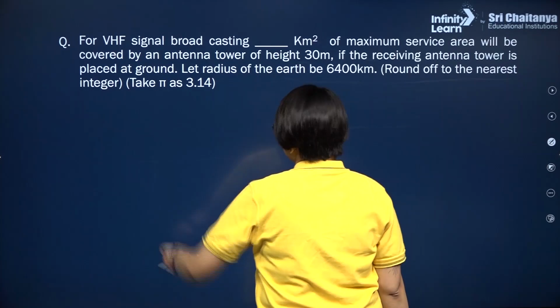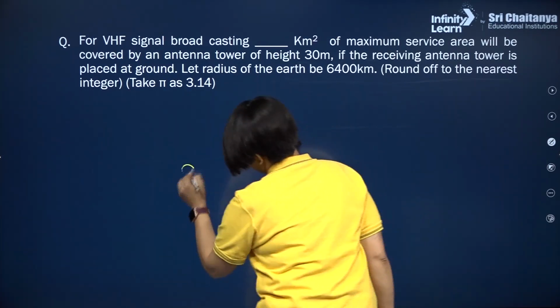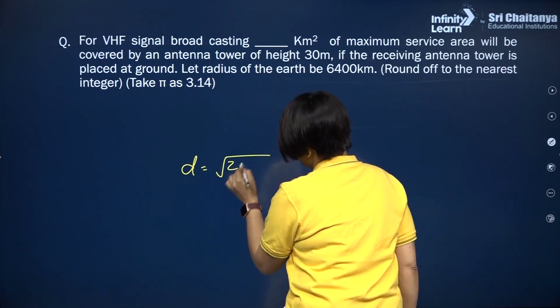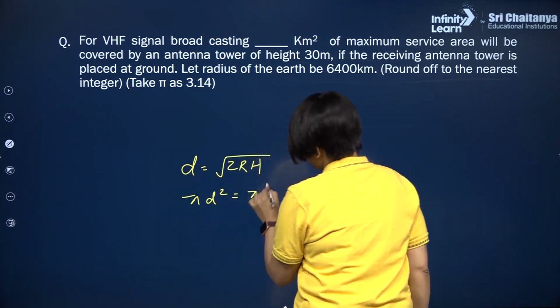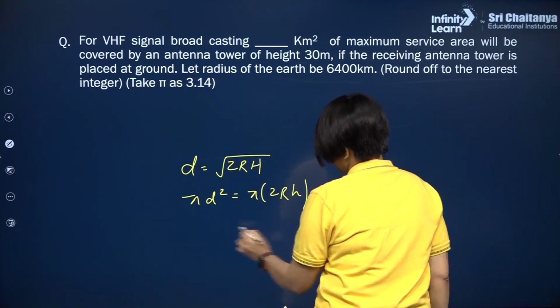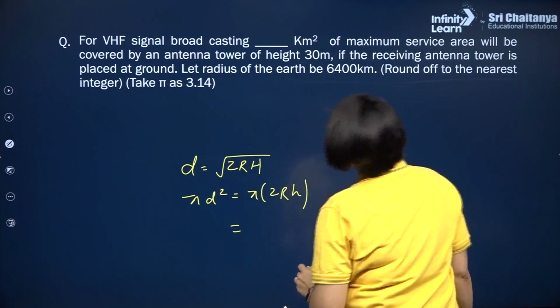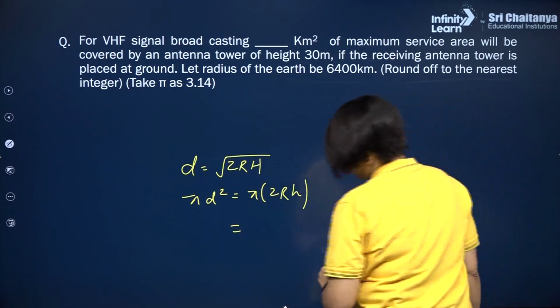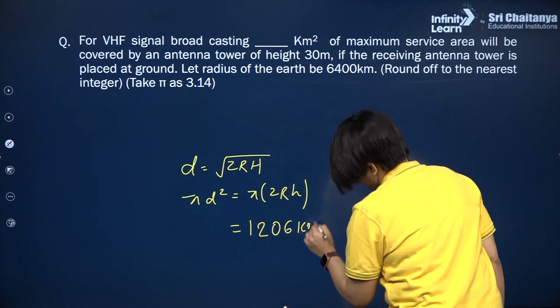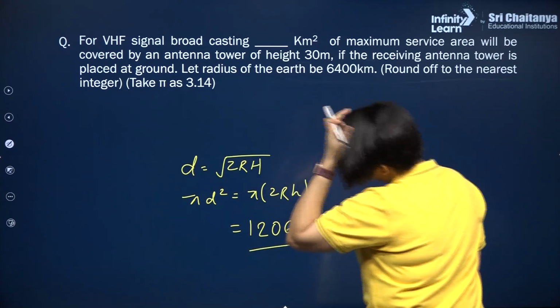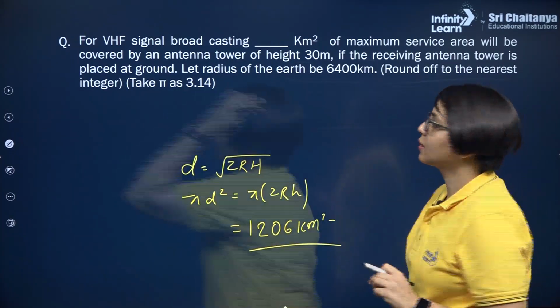So, over here the maximum covered area can be given as, d is, we know, under root 2RH, and pi d square is the area. So, it is pi into 2RH. If you put the values over here, you will get 1206 kilometer square. That is the maximum possible covered area.